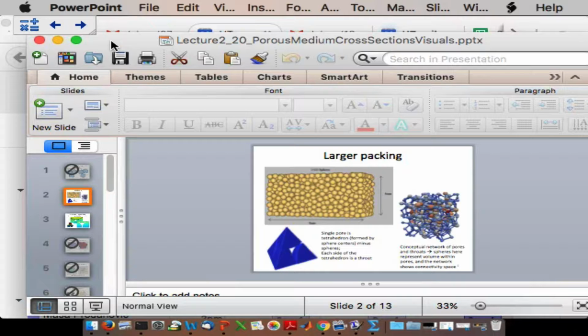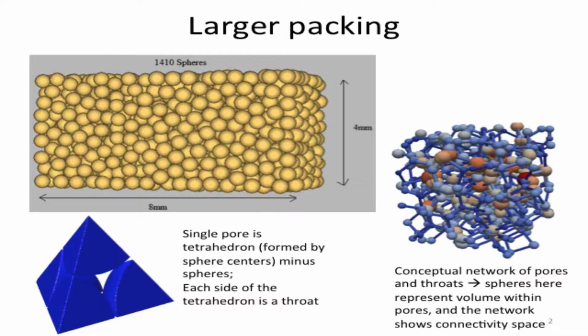So let's just take a look visually with our favorites, sphere packing. So if this is a sphere packing, we already commented on the most fundamental unit of this sphere packing: if you take four neighboring spheres and look at the tetrahedron that they form, the pore space that is left in between those spheres is called a pore, and that's something that you would quantify for pore sizes of this medium.